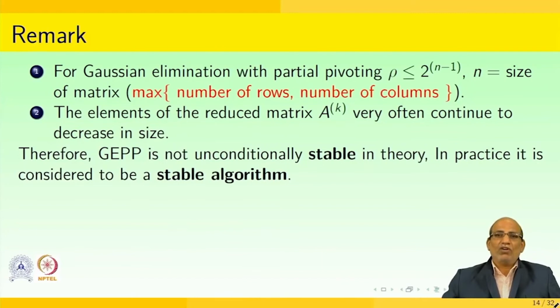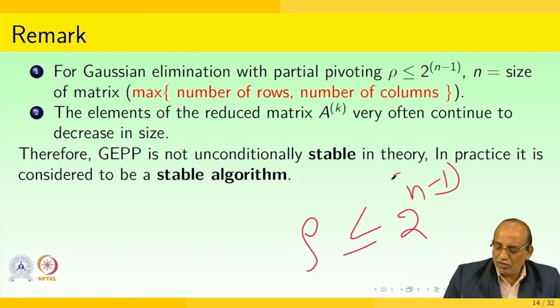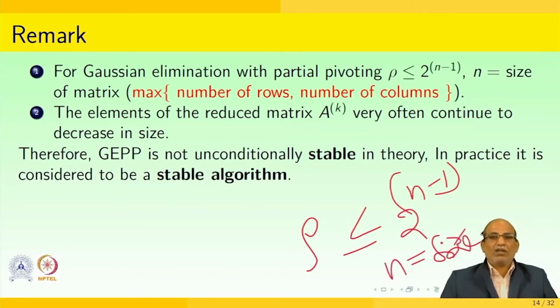So the conclusion is that for Gaussian elimination with partial pivoting, the growth factor rho is less than or equal to 2 raised to the power n minus 1, where n is the size of the matrix, that is the maximum of the number of rows or columns.